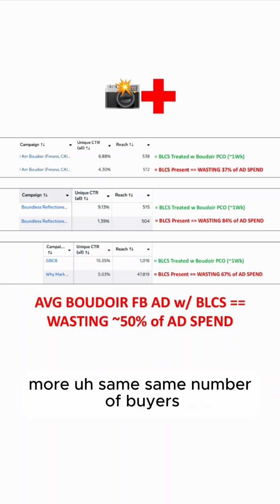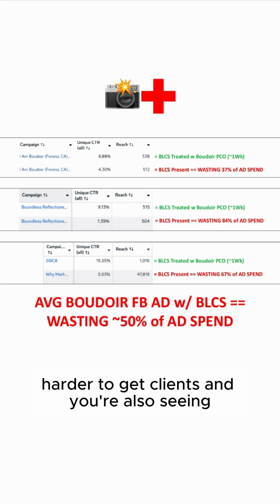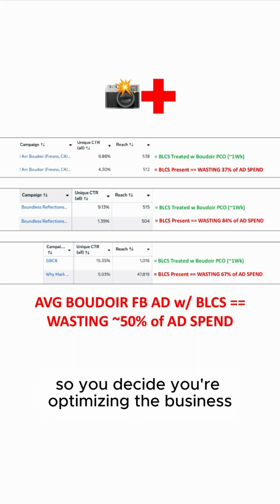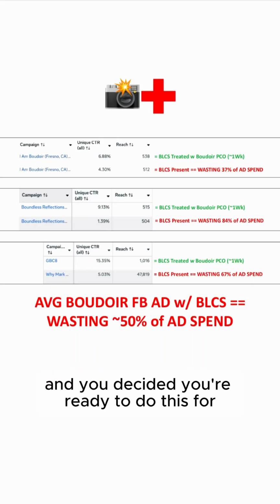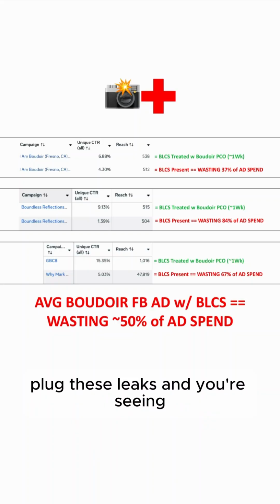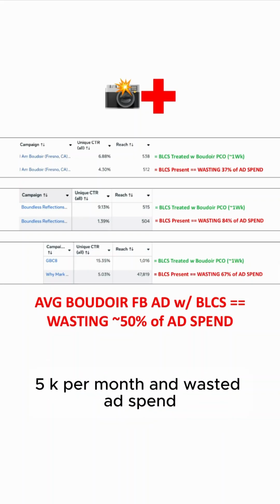Same number of buyers, but more sellers, more competition. So you're seeing more saturation, harder to get clients, and you're also seeing inflation in living costs. So you decide you're optimizing the business, pulling profit out of other parts of the business, and you decide you're ready to do this for the Facebook ads part of your boudoir photography business, to plug these leaks, and you're seeing, on average, we can eliminate approximately 5K per month in wasted ad spend.